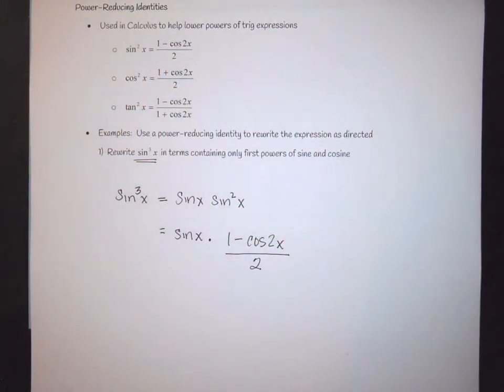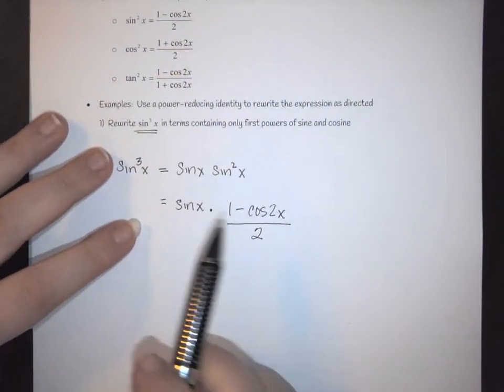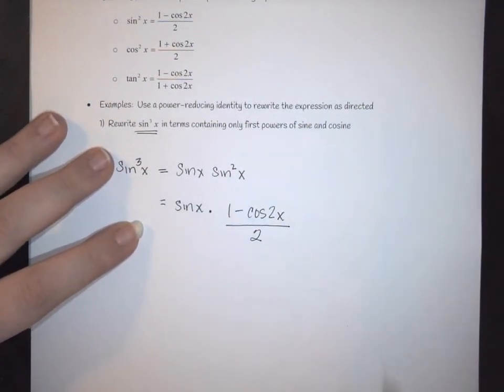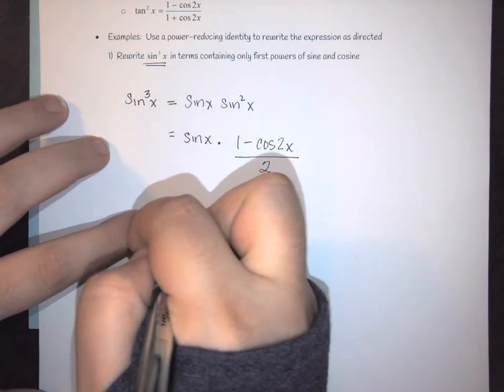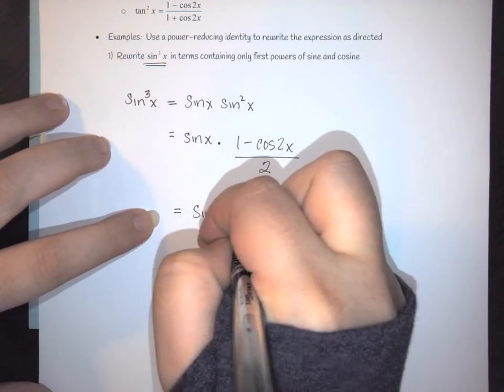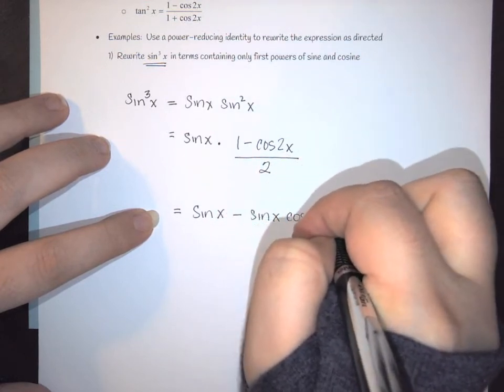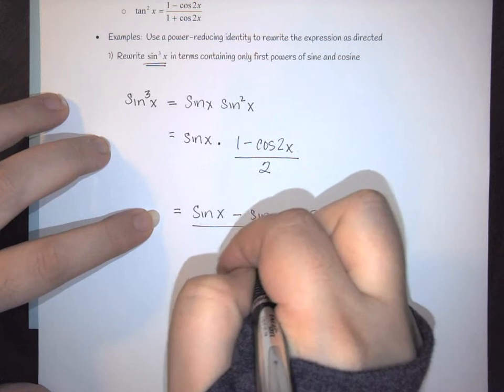Now I need to rewrite this nicely, so I would multiply into my numerator, and this becomes the sine of x minus the sine of x cosine of 2x all over 2.